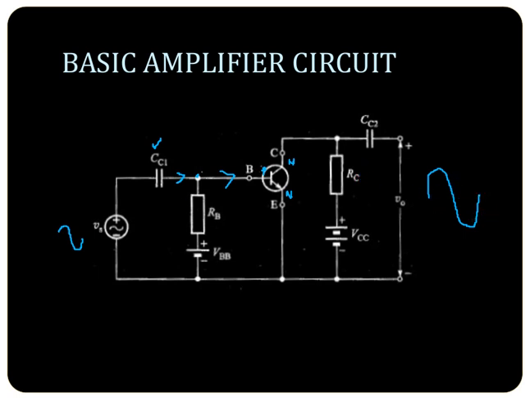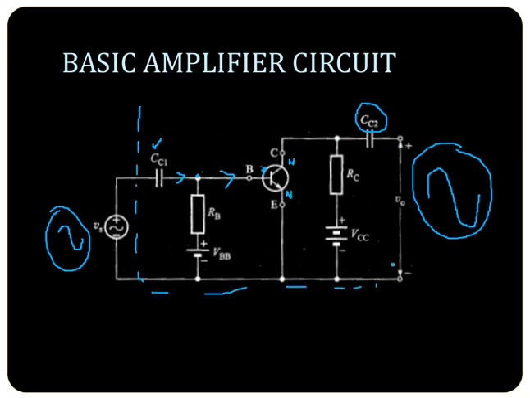You want just the input that you are giving, in an amplified format, which means it should not have any DC component. CC2 will ensure that only the AC component of the output voltage is obtained at the output of the amplifier. So all together, the coupling capacitors and the biasing circuit form the common emitter amplifier.